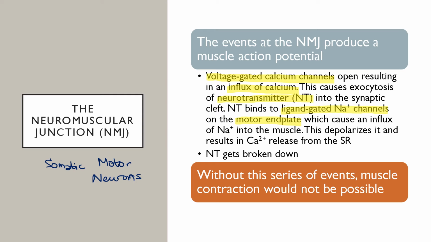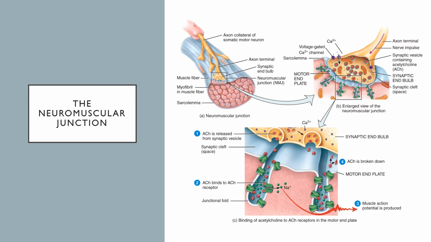So let's kind of go over what this synapse looks like, what the neuromuscular junction looks like. Now first, let's go over a synapse. So the term synapse is a region where communication occurs between two neurons or between a neuron and a target cell. In this case, our target cell is going to be a muscle. At most synapses, there's going to be a small gap, which is called a synaptic cleft, that separates the two cells. So they're not actually touching.